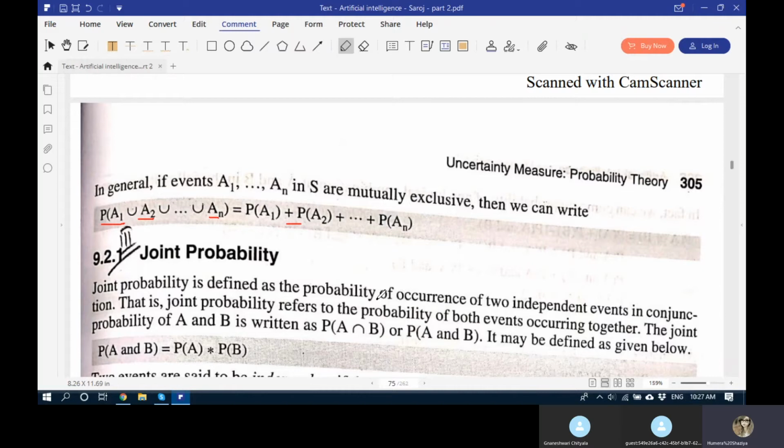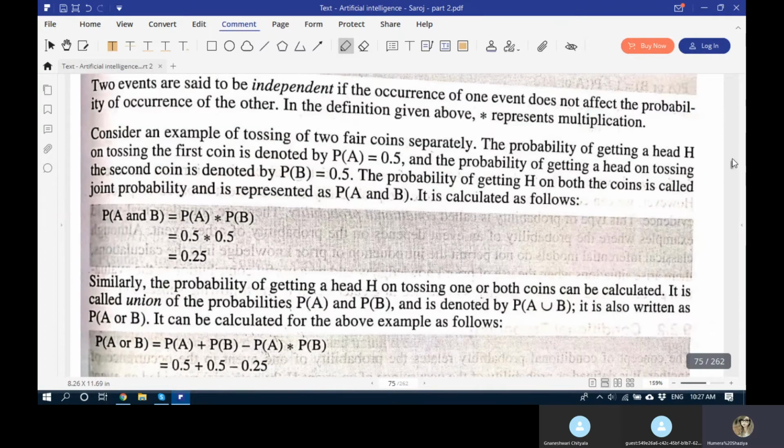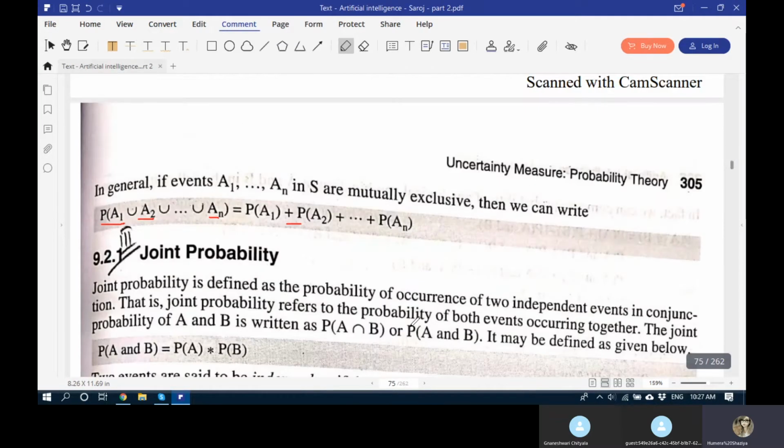For instance, there is a probability of A, one event, and a probability of B, another event.